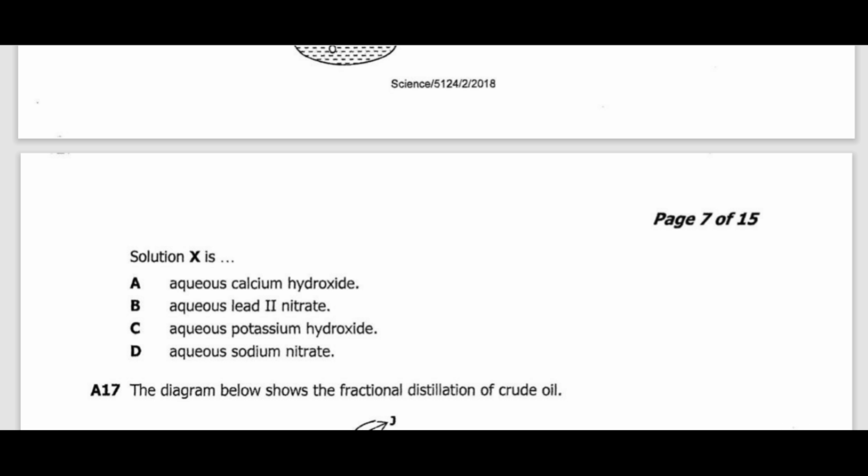B, aqueous lead nitrate. C, aqueous potassium hydroxide. D, aqueous sodium nitrate. So we want to look at the substance that we can use to detect carbon dioxide. So the answer here is aqueous calcium hydroxide.